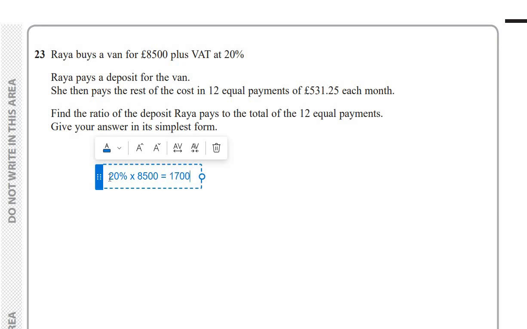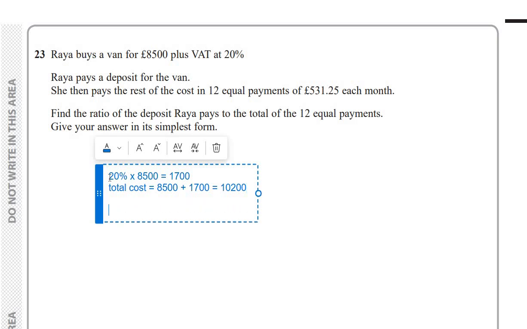So the total cost of this van is 8,500 plus the VAT, which is 10,200 pounds in total.